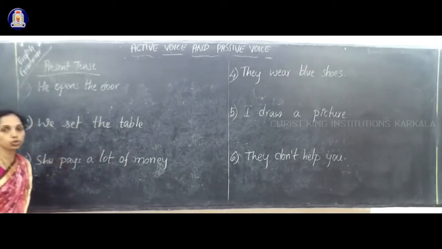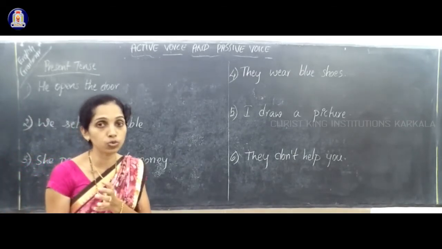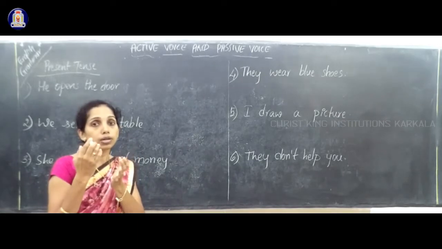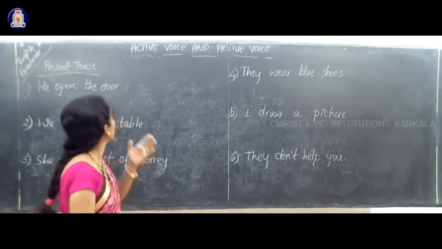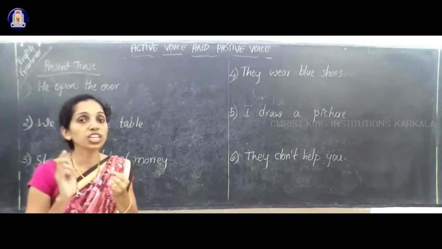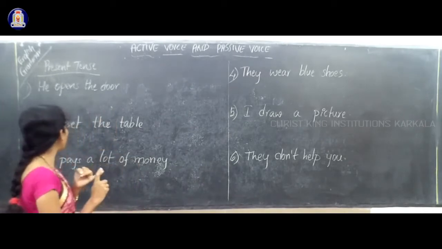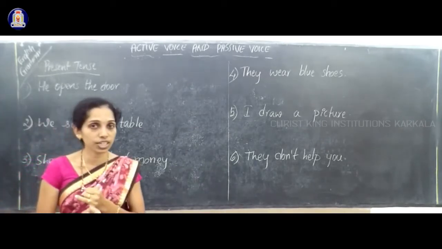He opens the door. I told you the rules of active voice and passive voice, how to write the passive voice of the active voice sentences. So first what we have to do? We have to change the order of the object and the subject, right?